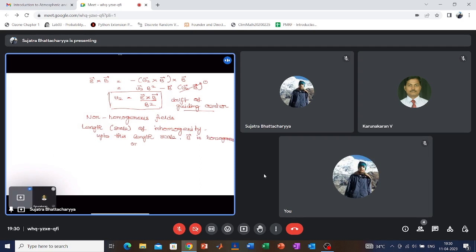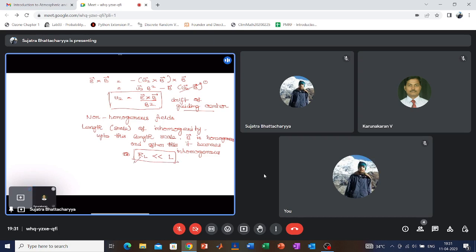And after this, it becomes inhomogeneous. Right? And this RL, the radius of gyration, should always be less than L. Then only this cyclotron radius of gyration can be defined.